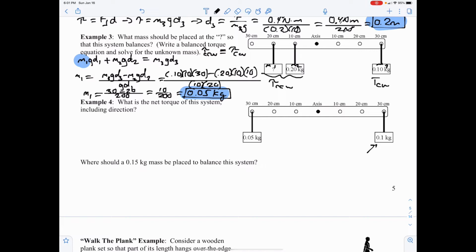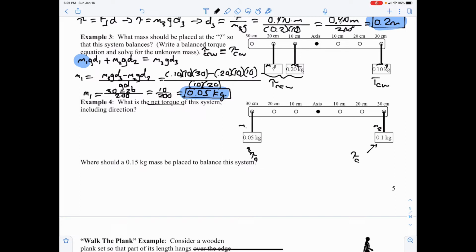Well, this weight causes the torque. So this would be the causing torque. That would make this the opposing torque. Just like net force is causing force minus opposing force, net torque is causing torque minus opposing torque. Call this mass 1 over here, mass 2 over there.